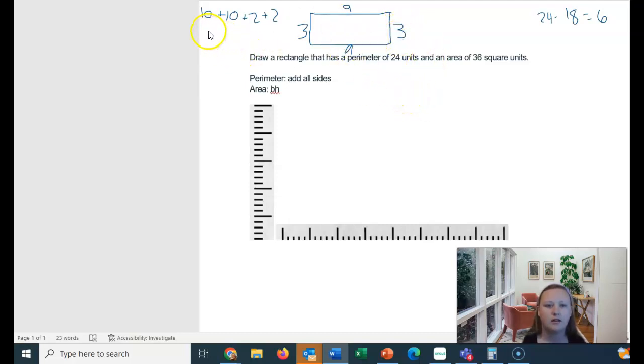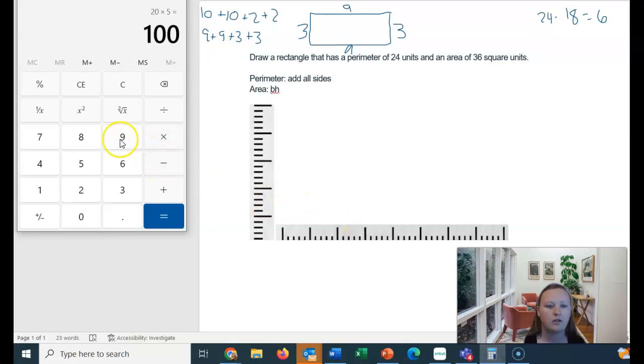So 9 plus 9 is 18 plus 3 is 21 plus 3 more is 24. So is 9 times 3 36? Let's get out our calculator and see. 9 times 3 equals 27. So that's not it.